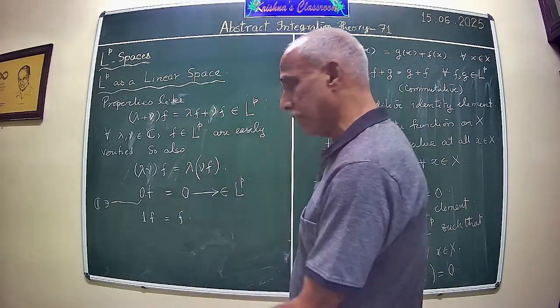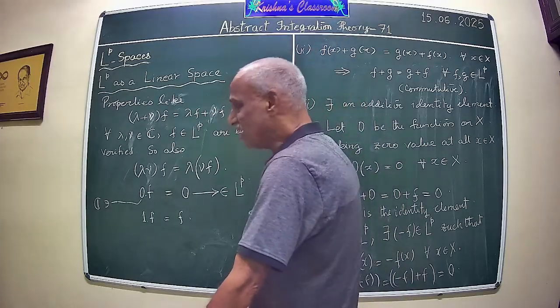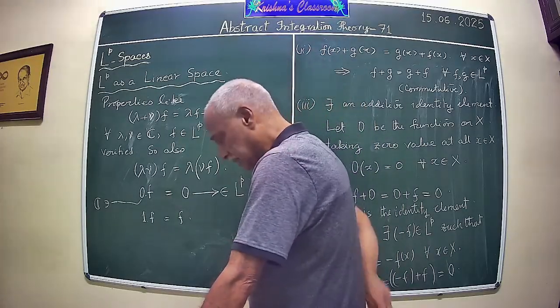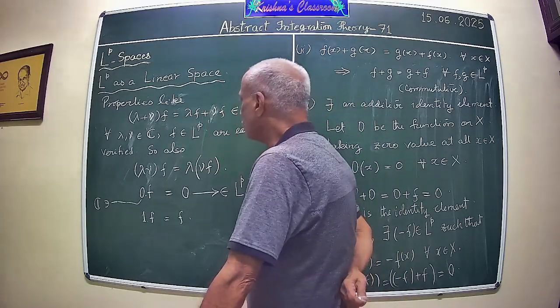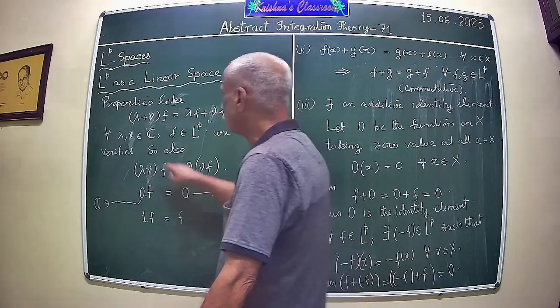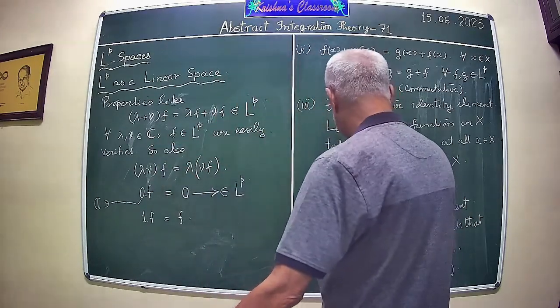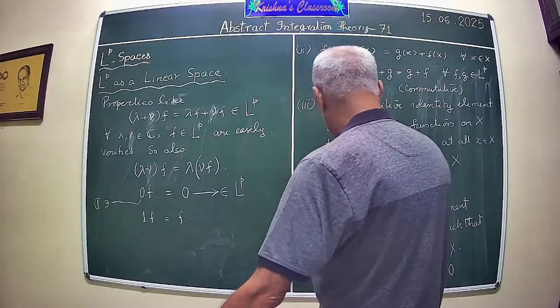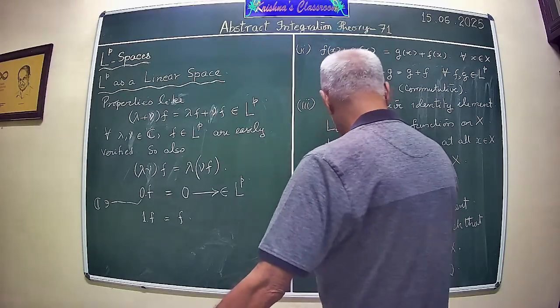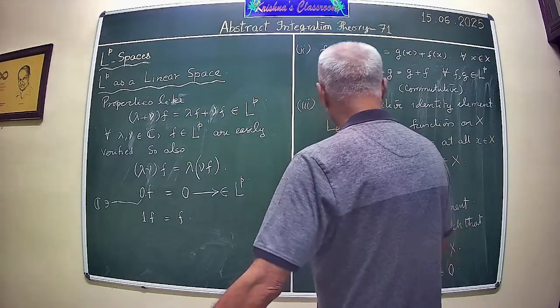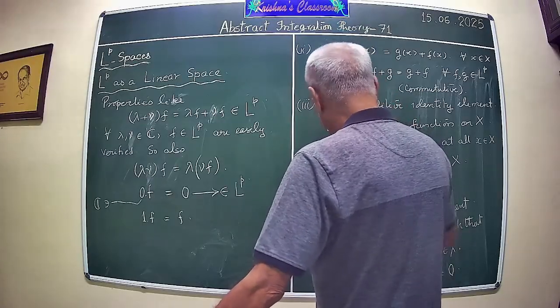These are all little small things, but as students you should know this. In this part, the first part is how you keep the scalar along with it and then take the addition of LP.